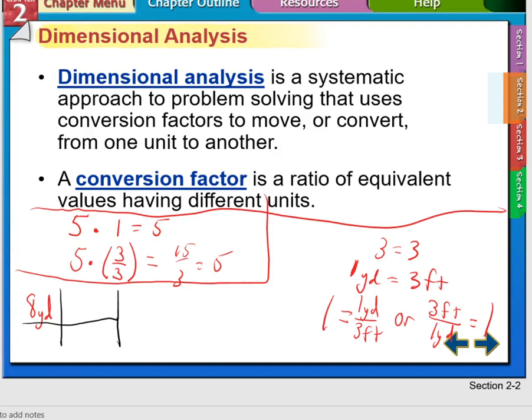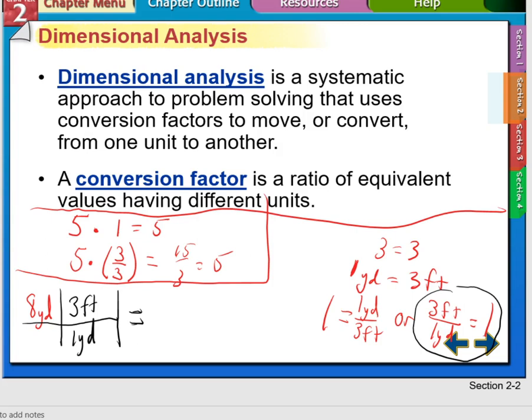And so we're going to pick one of these two. Well, one of these two makes sense, the other does not. I'm going to pick this one. This is the correct one, and we'll see why: 3 feet over 1 yard. And we're allowed to multiply that by that because it is a form of 1. Remember, we are multiplying. The equal sign is outside of all of this here.